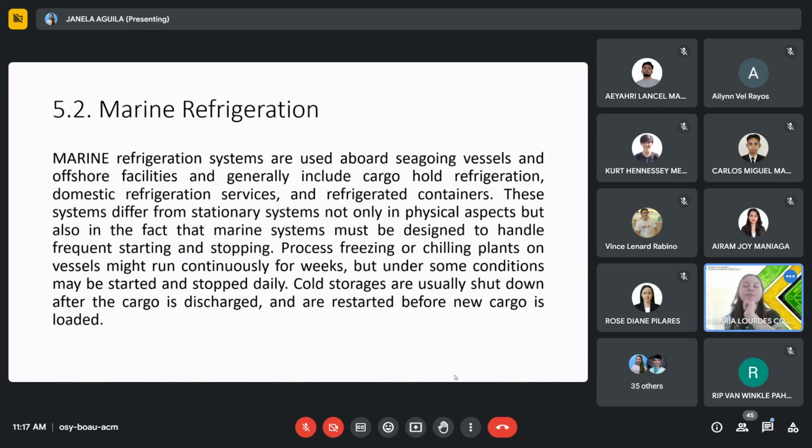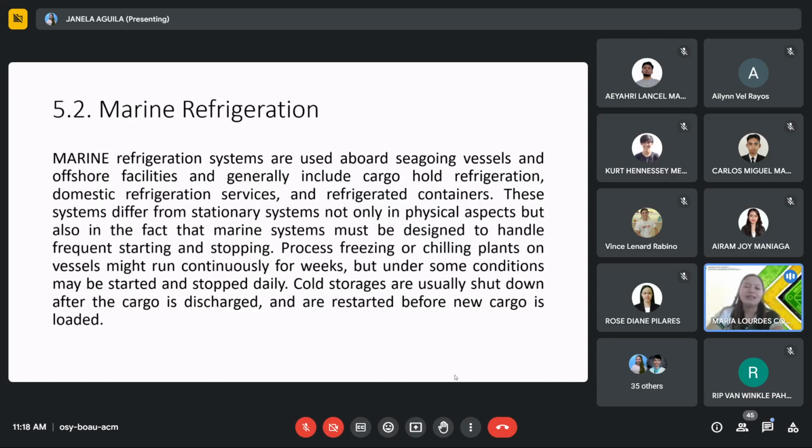So bale ang marine refrigeration po works the same as regular refrigeration na makikita natin land-based, and ang pinagkaiba lang po talaga ay yung challenge lang din po ng pag-operate while at sea. And isa pang important thing about marine refrigeration is that these systems have to be able to start and stop a lot kasi minsan kailangan nitong mag-run non-stop for weeks.